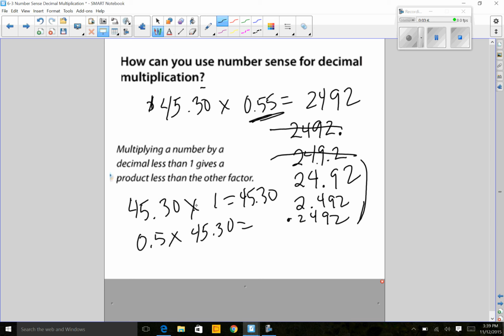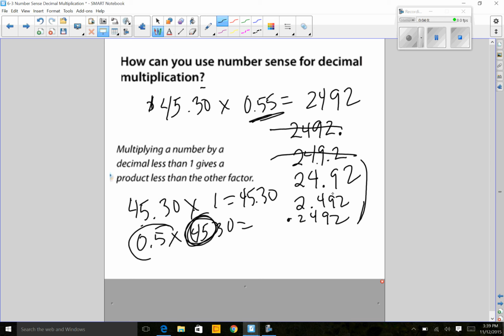I don't want one group of $45.30; I want about half a group. I'm not even going to worry about the 30 cents. I'm just going to think, what's close to half of 45? That would be 24, right?